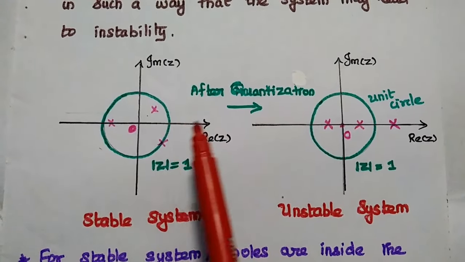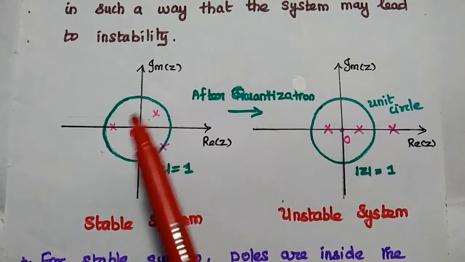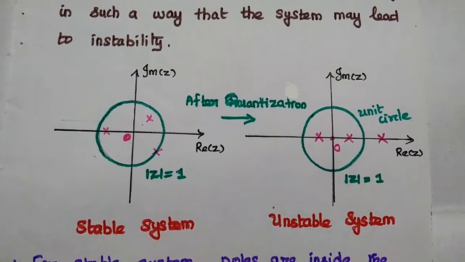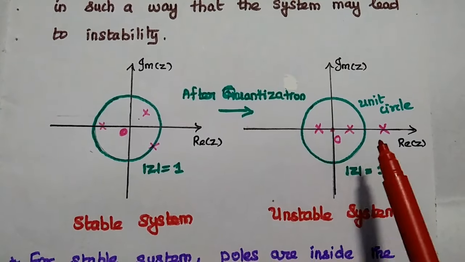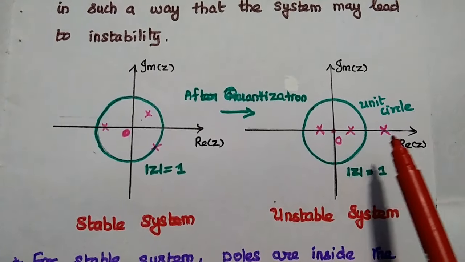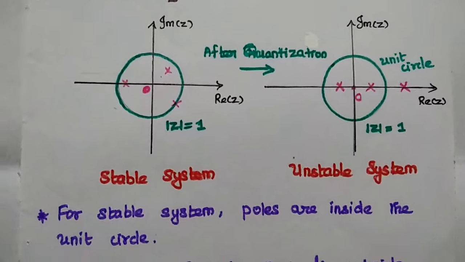Before quantization, poles are present within the unit circle and one pole is present on the unit circle. After quantization, the pole location is changed to the outside of the unit circle. So the system becomes an unstable system.